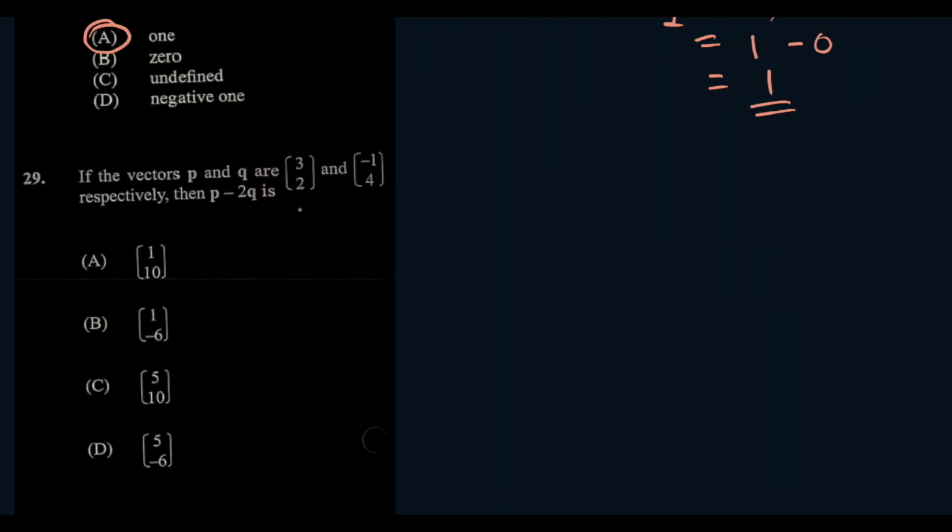So this one here, it says if the vectors P and Q are (3, 2) and (-1, 4), so P is equal to (3, 2) and Q is equal to (-1, 4), we need to work out what P minus 2Q is. So what's P?